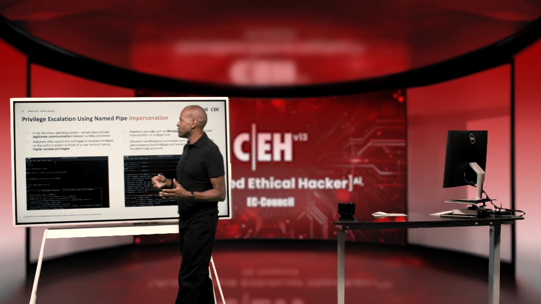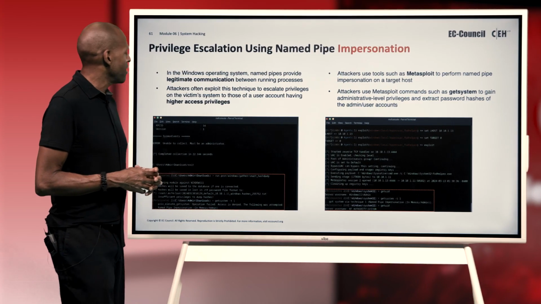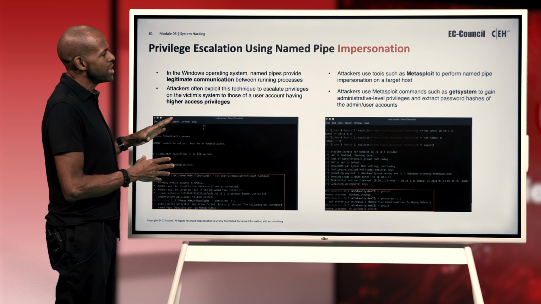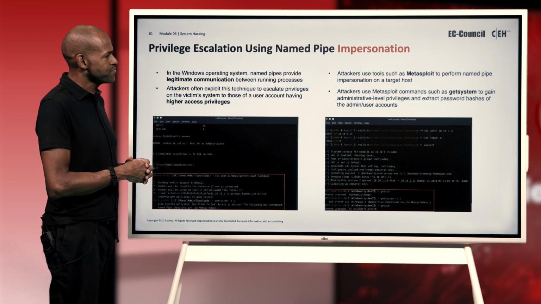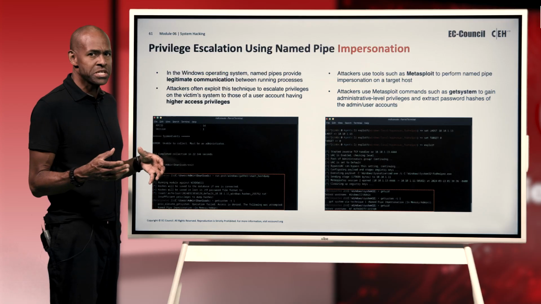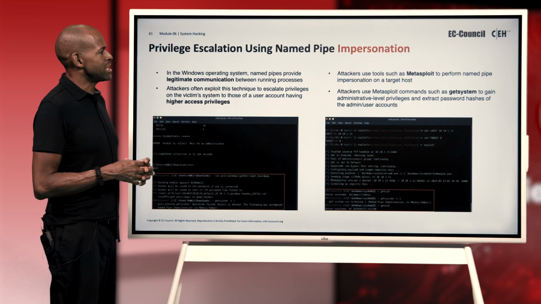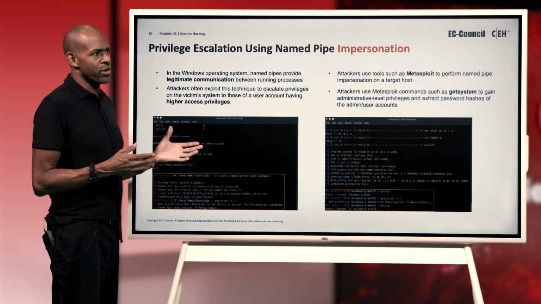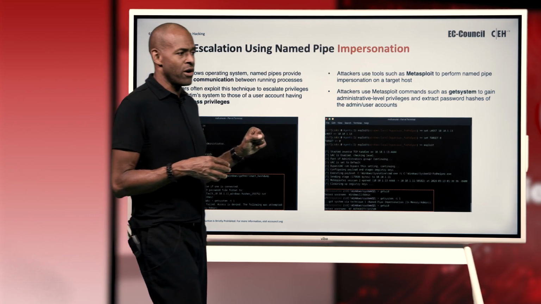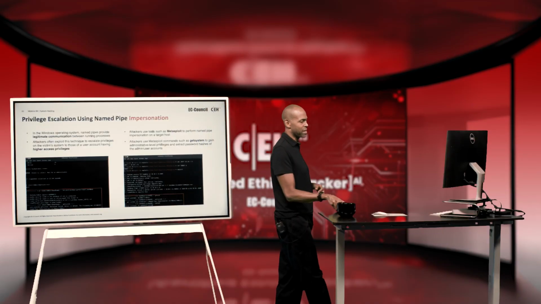So what we have is what would have been legitimate communications, but instead we use various tools, and these, by the way, are in Metasploit. A lot of the tools that we'll be using for post-exploitation in Metasploit will be using Get System for Windows. And so we use those tools in order to gain higher privileges. There are many ways of doing this, and there are many different tools in Metasploit associated with that.